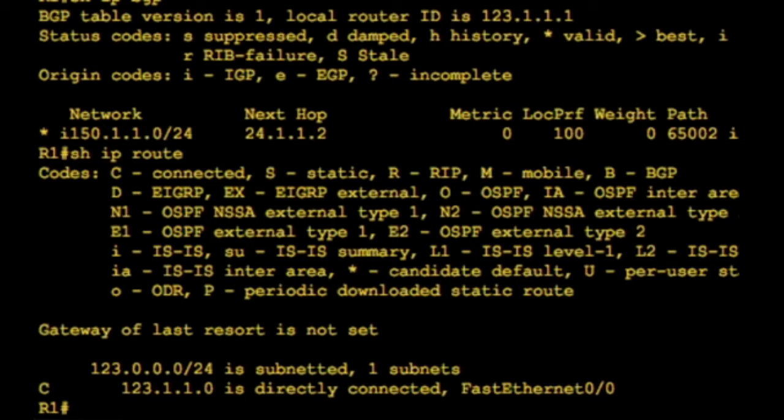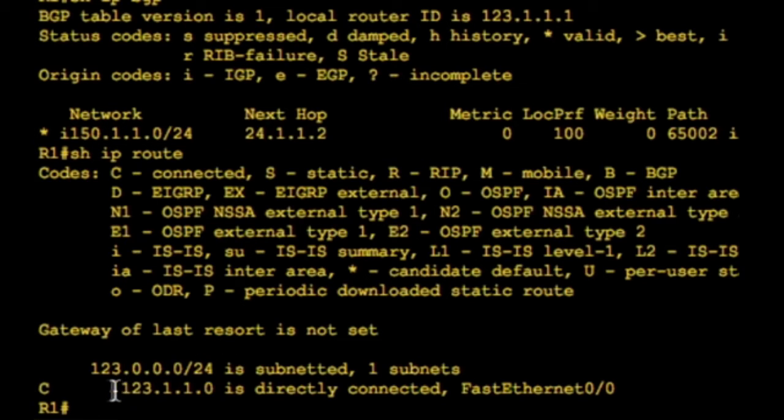We could put a static default route in on R1 to point to R4's Ethernet interface, or we can use BGP to change the next hop IP address here to a next hop that R1 will understand, which is basically its inside interface.